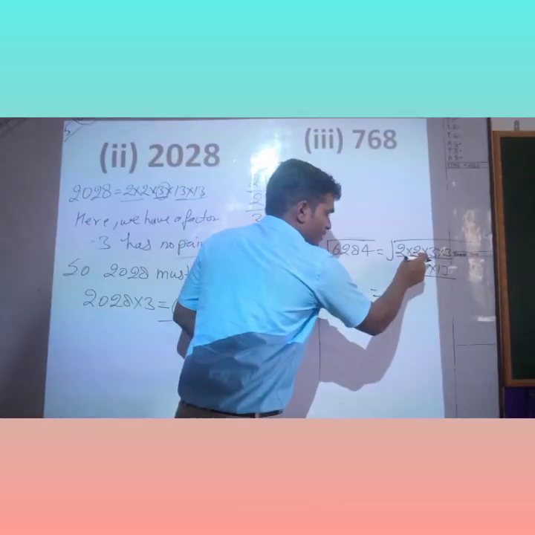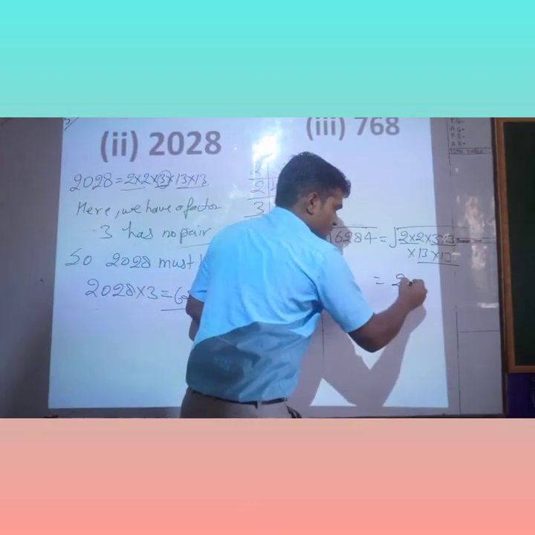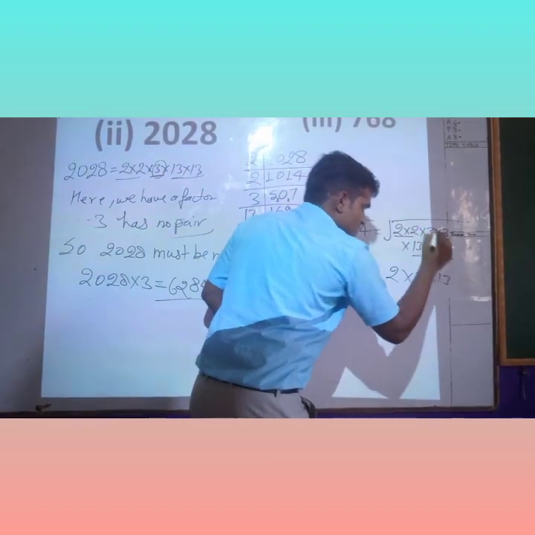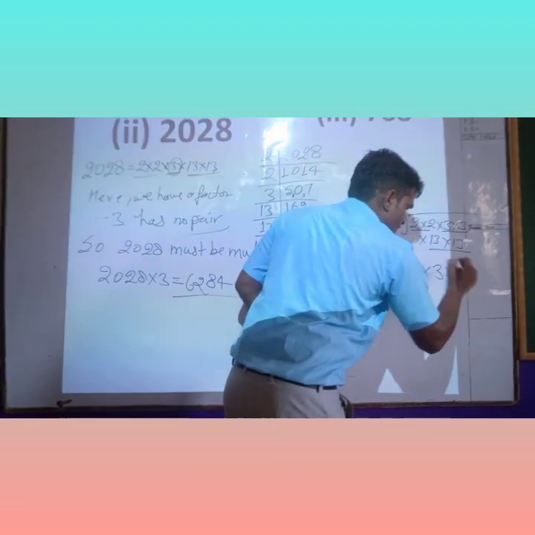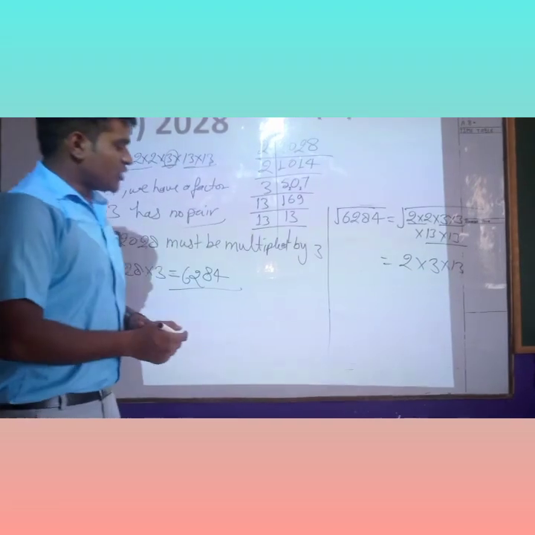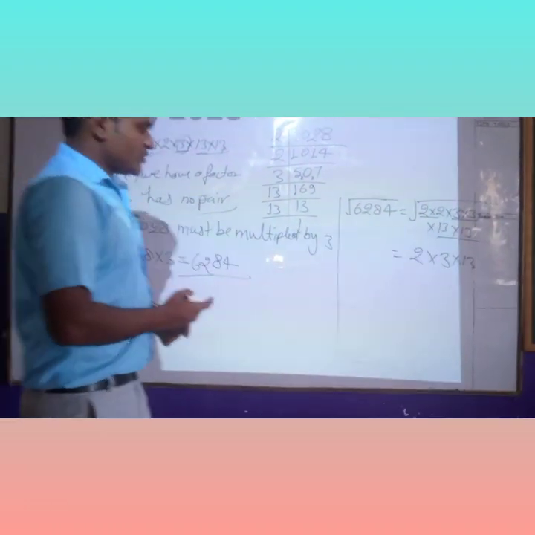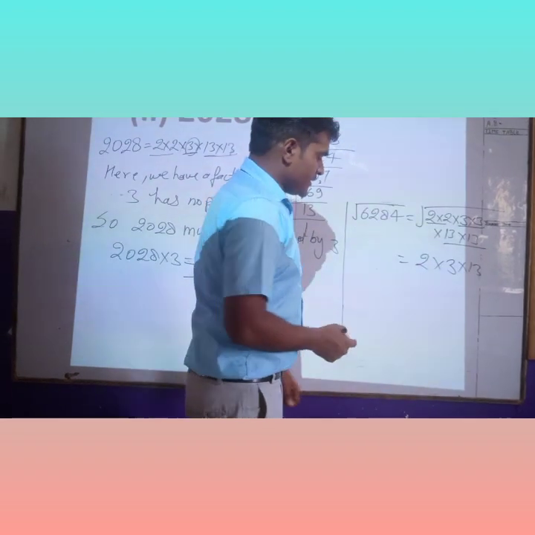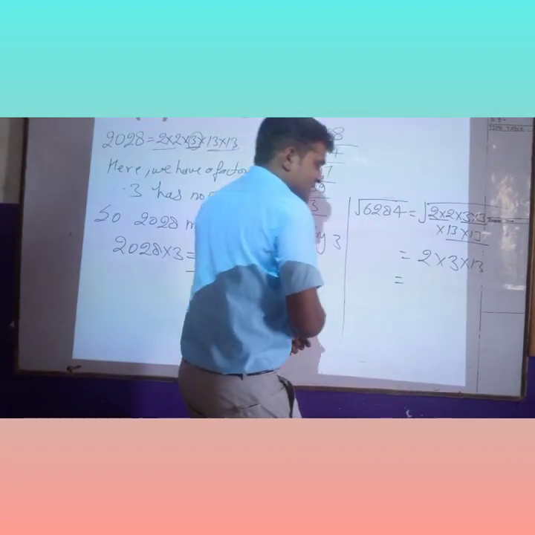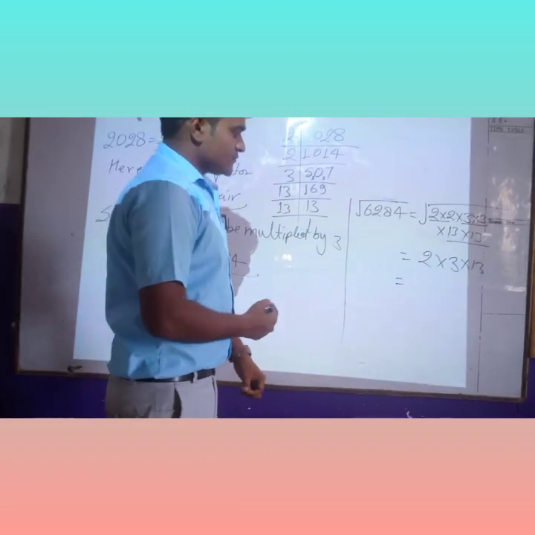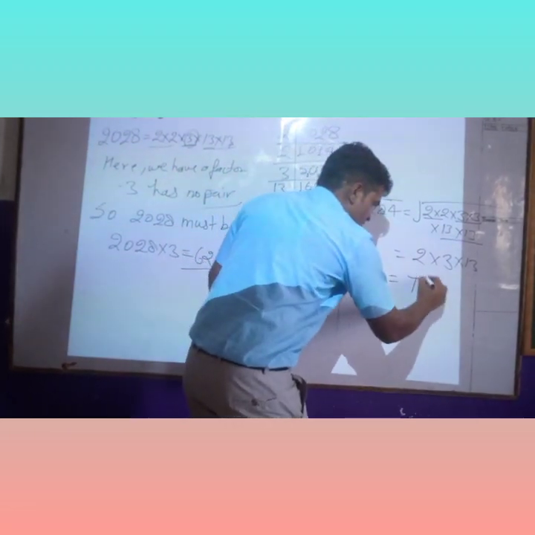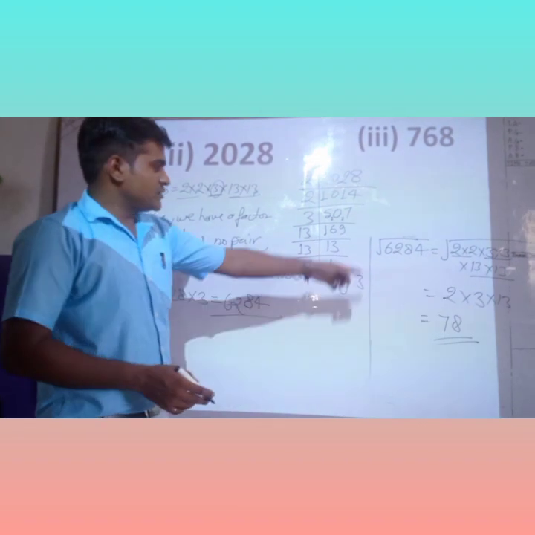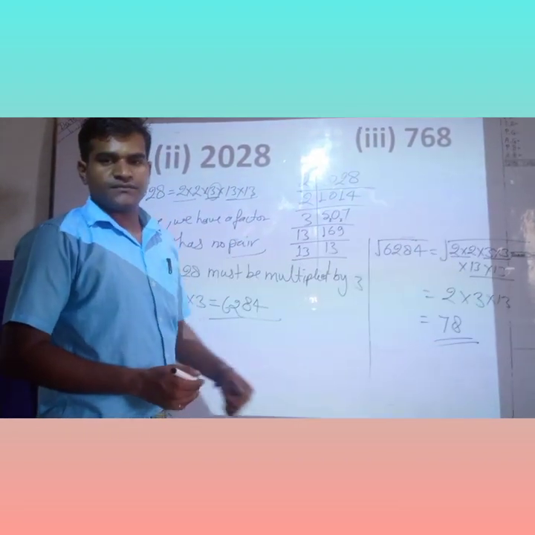From the first pair we get 2, from the second pair we get 3, and here we get 13. So the square root of 6084 is 2 into 3 into 13. 2 times 3 is 6, 6 times 13 is 78. So 78 is the square root of the number obtained.